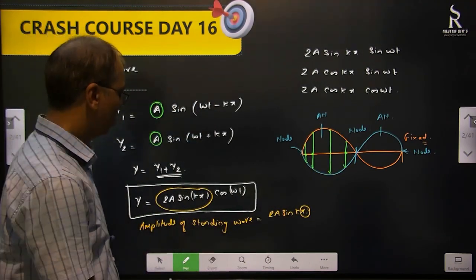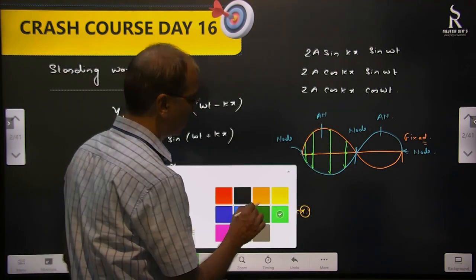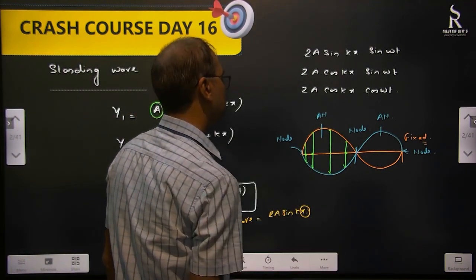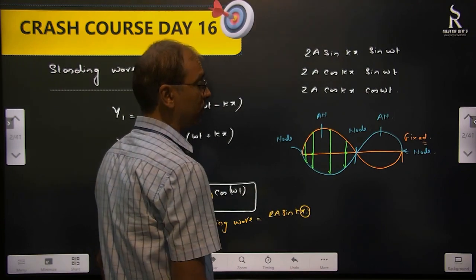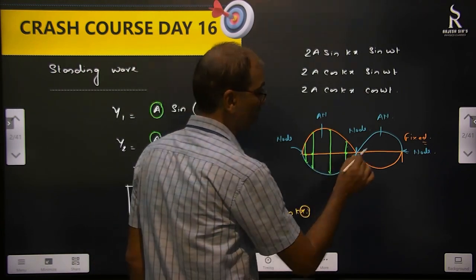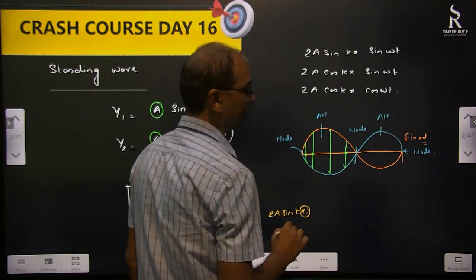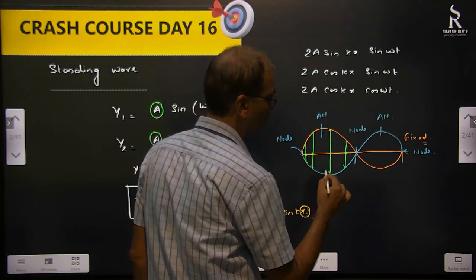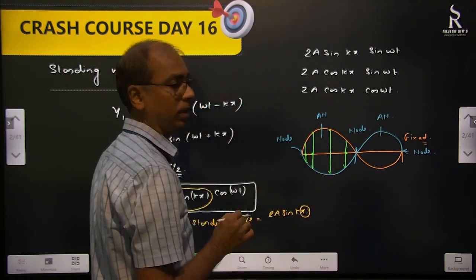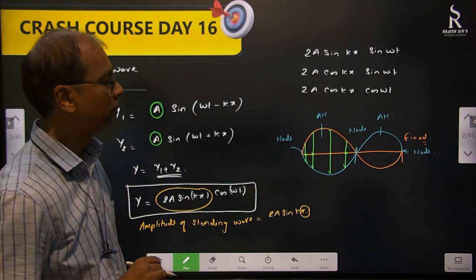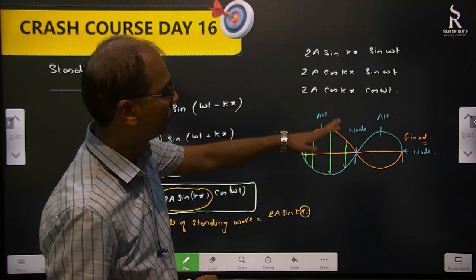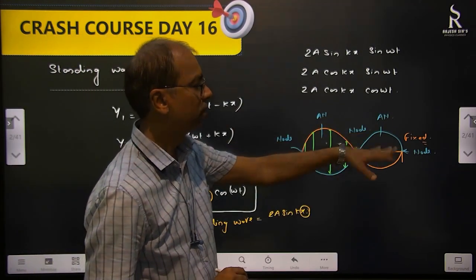Then what else can we say about the standing wave? Suppose we are talking about these two loops. Energy from this loop will not go to this loop. That's why it's called a standing wave. Energy of this loop is confined within the loop, and energy of this loop will be confined within this.